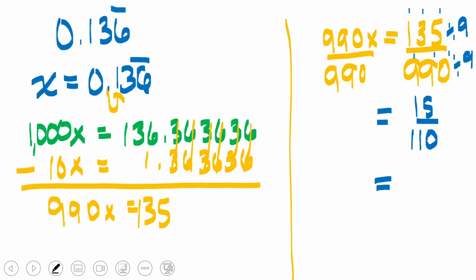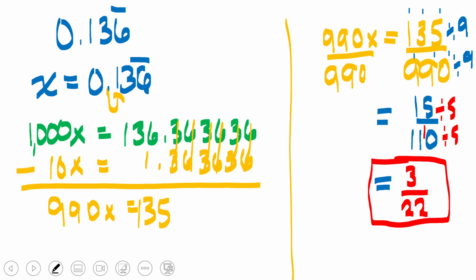Okay, well, both of these divide by 5 on the top and bottom. So we're going to get 15 divided by 5 is 3. And 110 divided by 5, 5 goes into 11 twice, and that leaves 1, 5 goes into 10 twice, and we get 3/22 for our final answer.